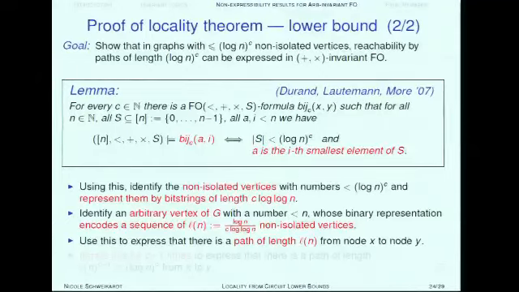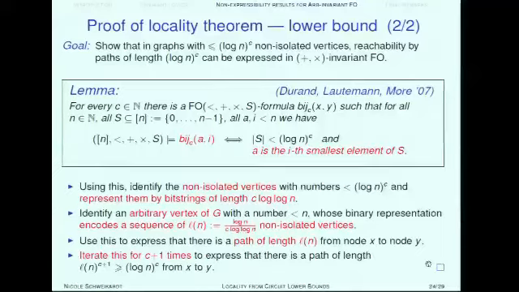So an arbitrary number smaller than n, its binary representation encodes a sequence of non-isolated vertices, and the sequence has length log n over c times log n. And this way you can express that there is a path from one vertex to another of length at most L. And you can iterate this a couple of times to get a formula saying there is a path of length at most log n to the c.